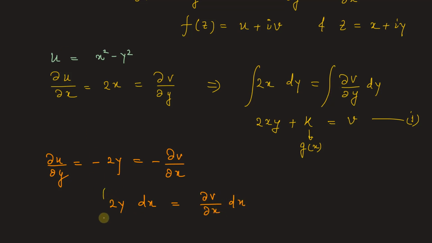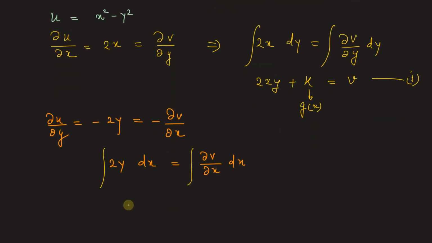Now if we integrate both sides with respect to x, we'll get 2xy plus some constant, and this constant must be a function of y, because here we are integrating with respect to x, and v is a function of both x and y. So this will be, let's say, some h of y, is equal to v. Let this be equation number 2.